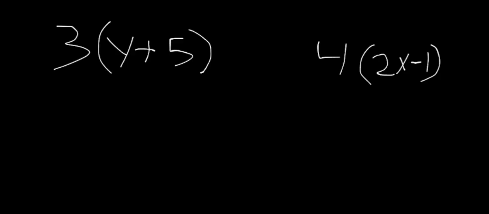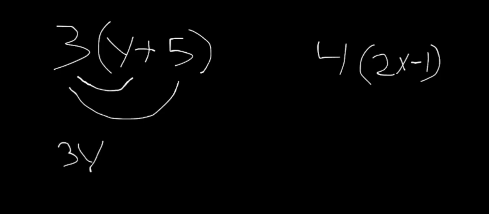Okay, to solve these problems, all you have to do is take the 3 and attract the y, so 3 times y, and then the 3 also attracts the 5, so 3 times 5. So 3 times y is 3y, and 3 times 5 is 15, so you should get this. And if you got this, this is a good answer.